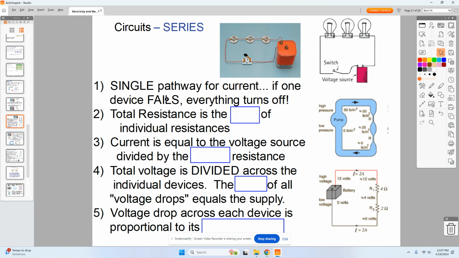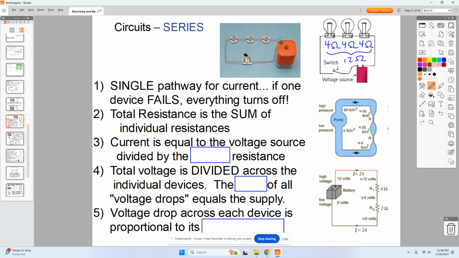The total resistance would be equal to the sum of the individual resistances. So if each of those light bulbs is 4 ohms, I'm going to write those things on here for us. If each of these had a 4 ohm resistance, then the total would be 12 ohms. We would say that those light bulbs provide 12 ohms of resistance for that battery.